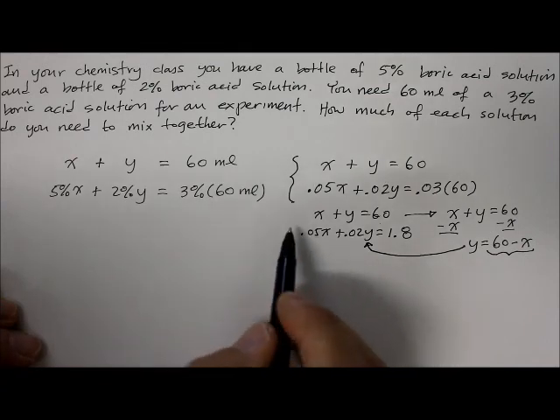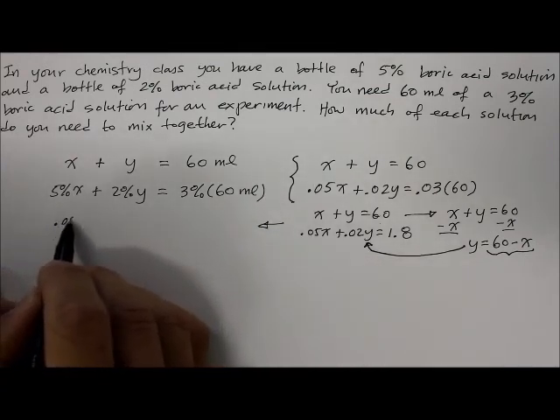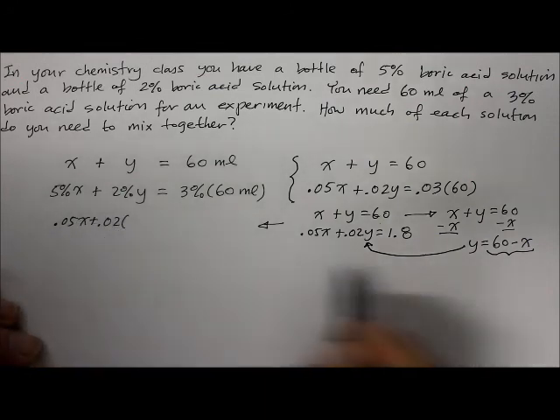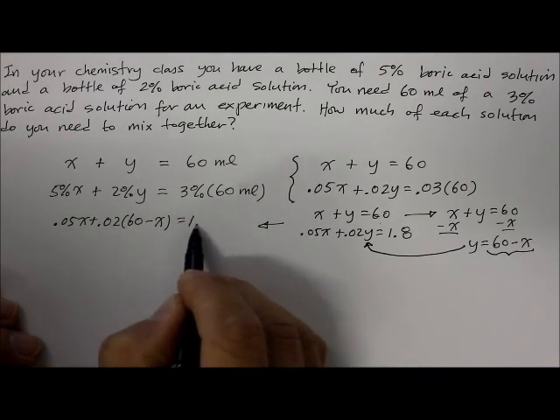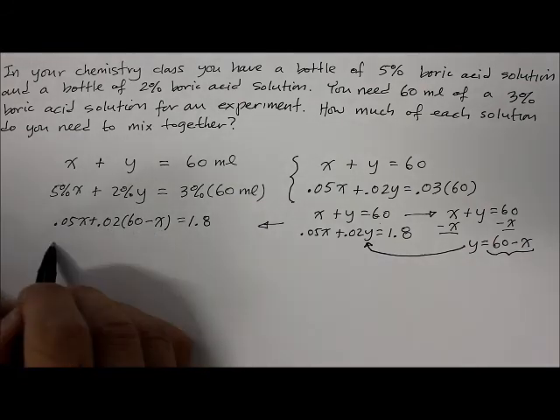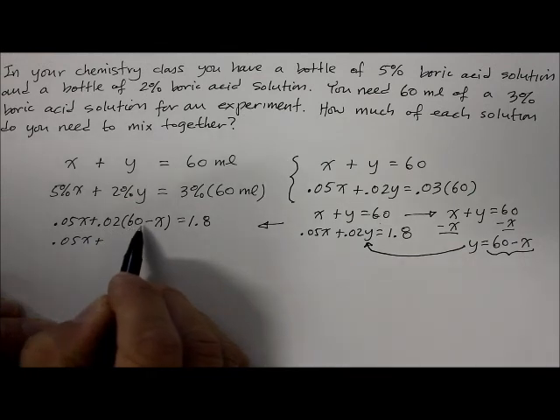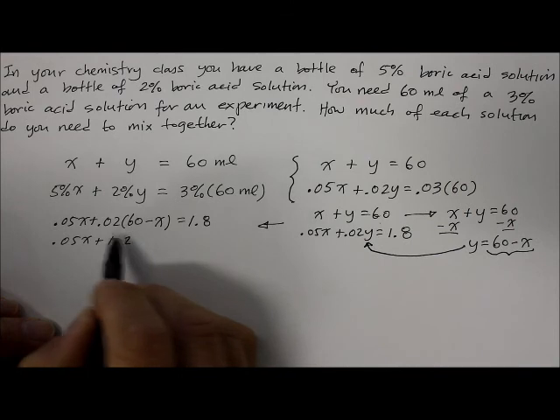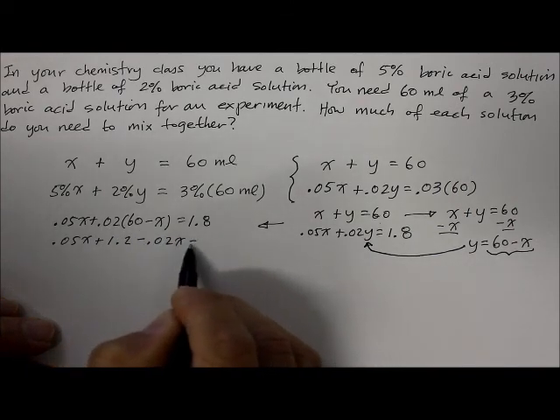So now, if I go ahead and continue the computation here, we end up with 0.05x plus 0.02y, but y is 60 minus x, equals 1.8. Distributive property. So we end up with 0.05x plus 0.02 times 60 is 1.2. And 0.02 times negative x is negative 0.02x is equal to 1.8.